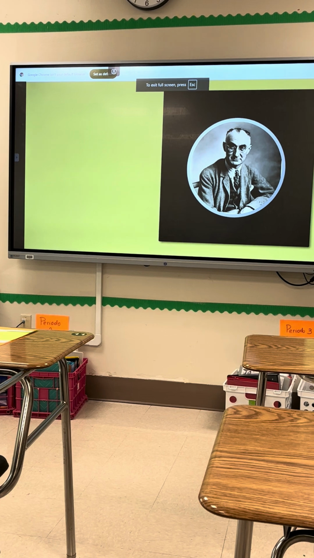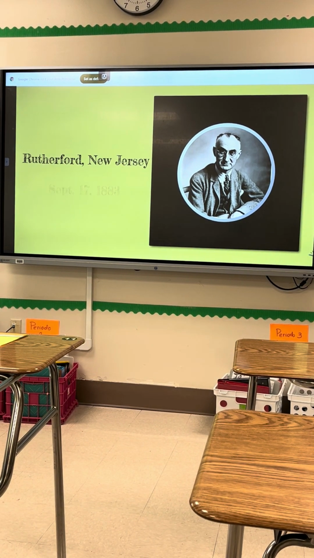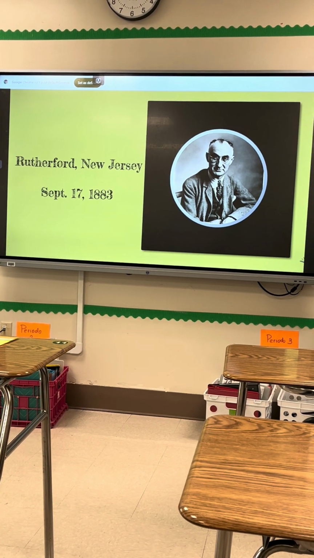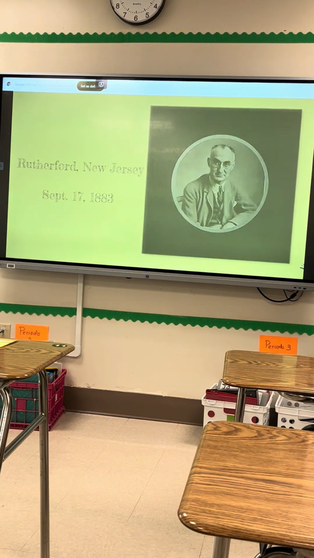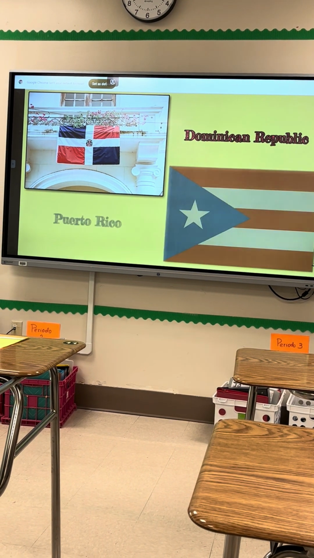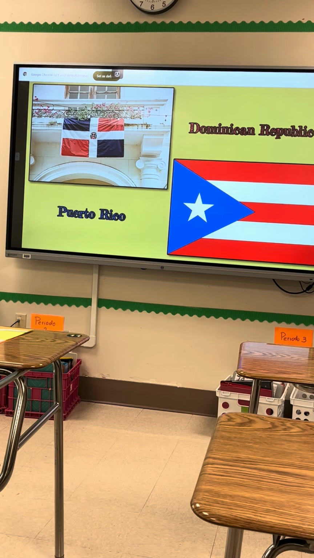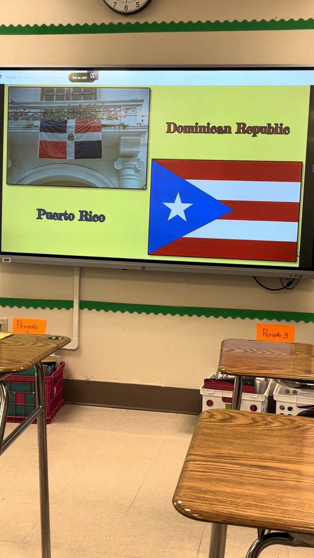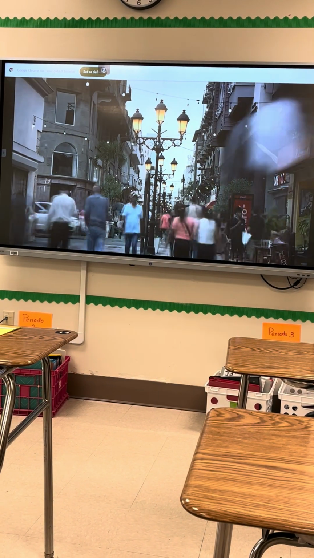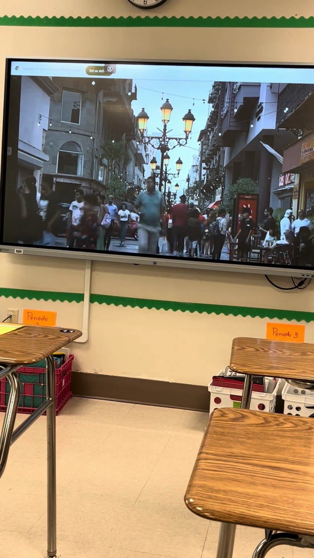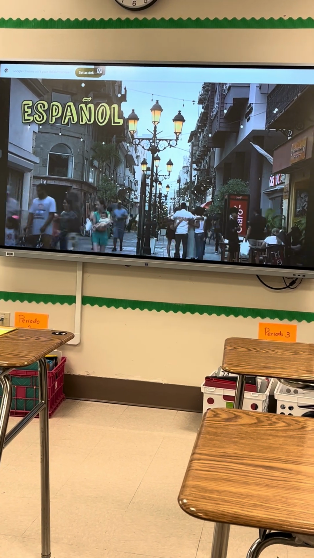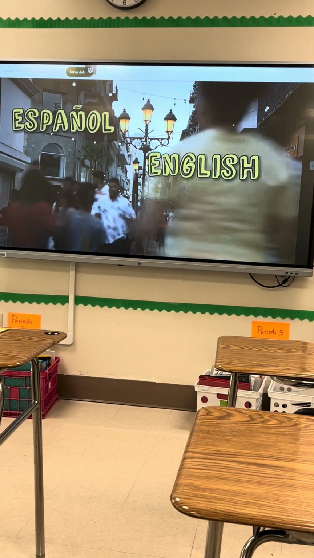William Carlos Williams was born in Rutherford, New Jersey on September 17, 1883. Having a father raised in the Dominican Republic and a mother in Puerto Rico, it's understandable how Williams was heavily influenced by Caribbean customs and culture as a child, so much so that he learned to speak Spanish before learning to speak English.